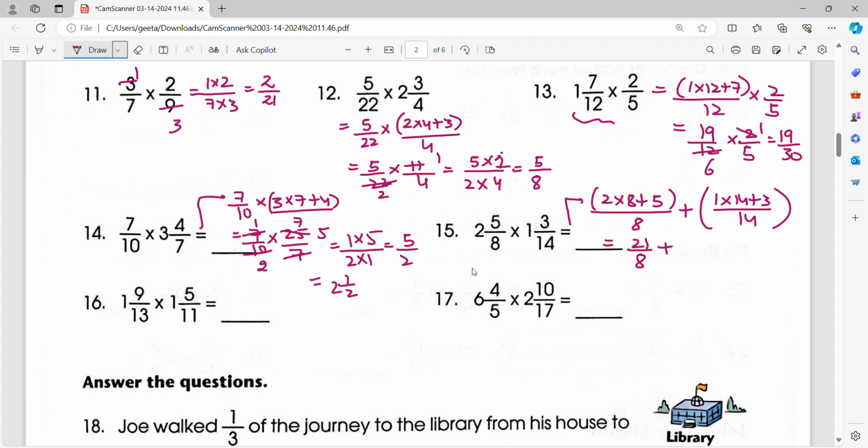What about the next one, 1 whole 3 over 14? 17. 14 plus 3 is 17. Okay, next thing is we'll find out the LCM of 8 and 14. 2 4 the 8, 2 7 the 14. 8 and 14 LCM we need to find out. 56. 2 into 4 into 7, right?